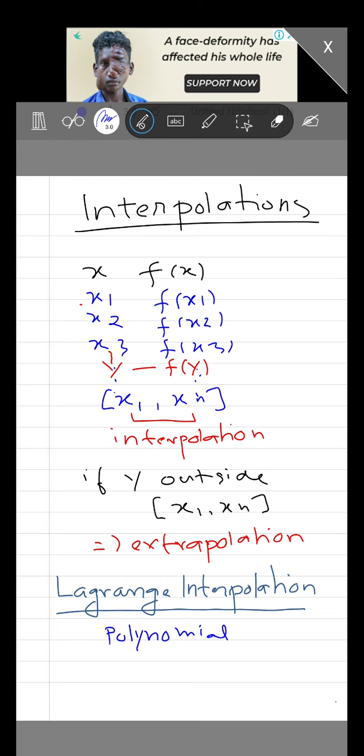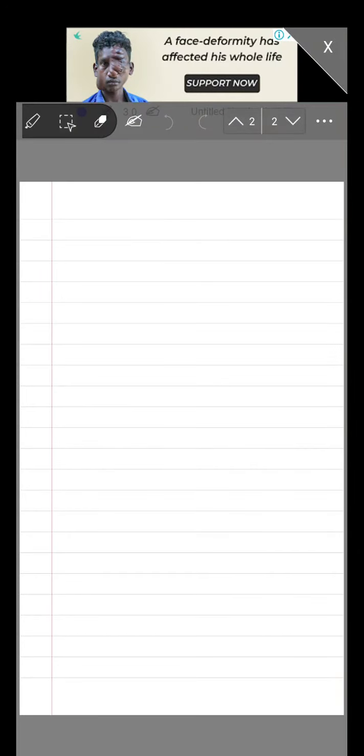For example, let us take the example of the hyperbolic cosine.